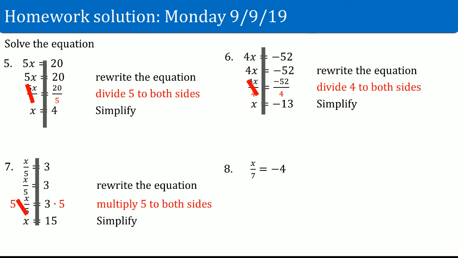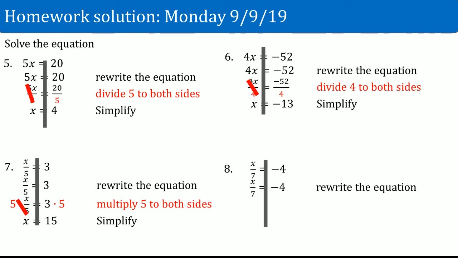Number 8. x divided by 7 is equal to negative 4. I'm trying to get x alone. So first step is to always rewrite the equation. x divided by 7 is equal to negative 4. Draw a line straight down. What I have attached to the x right now is a divide by 7. What is the opposite or inverse of divide by 7?